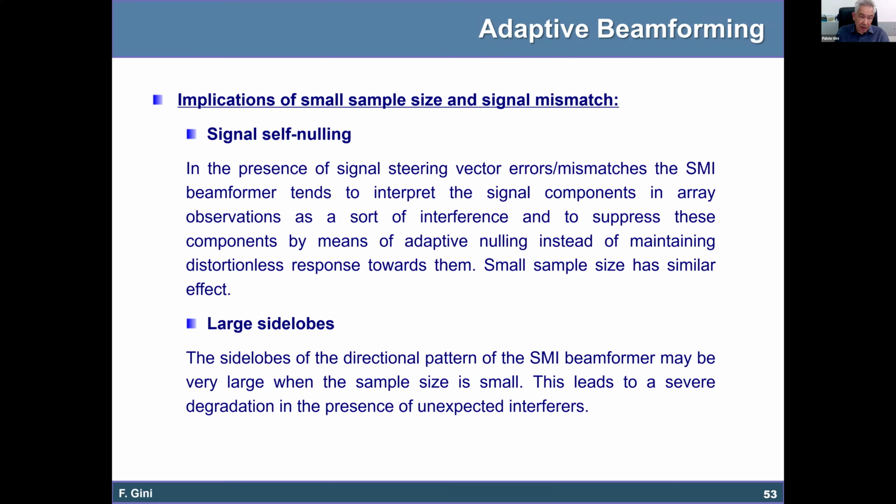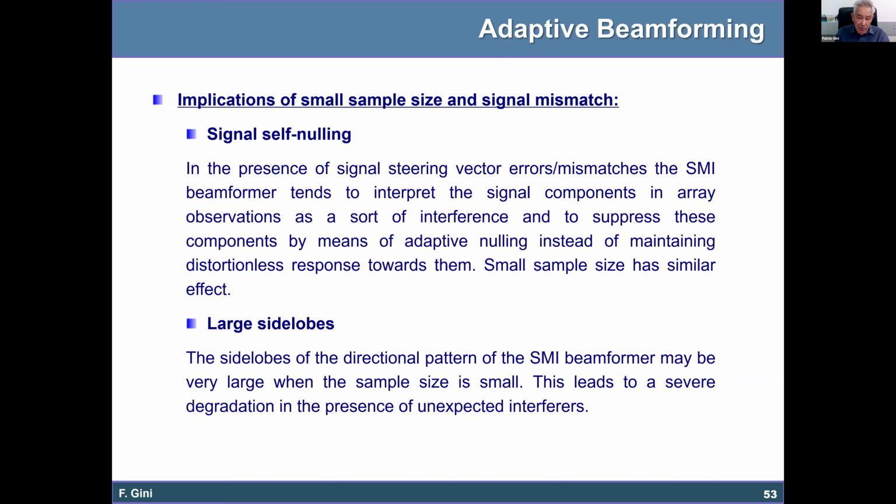The first effect can be termed signal self-nulling, and in particular, in the presence of an error, a mismatch in the signal steering vector, so a mismatch in the pointing direction, the adaptive beamformer, so both the sample matrix inversion beamformer and Capon, tend to interpret the signal as interference because it comes from a direction that is slightly different from the pointing direction.